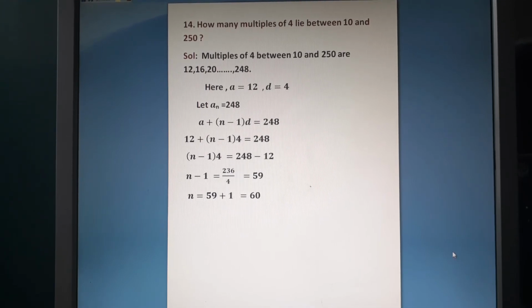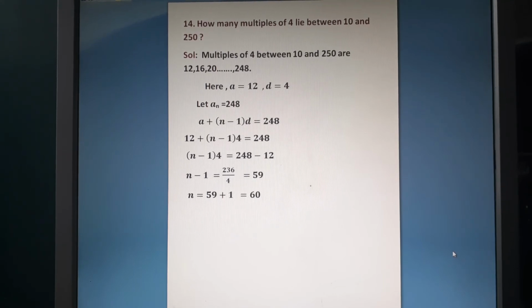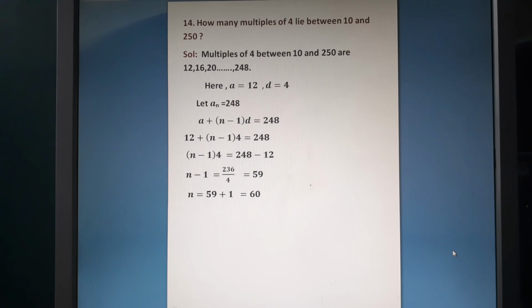N minus 1 into 4 is equal to 248 minus 12. Now n minus 1 is equal to 236 divided by 4, that is equal to 59. N is equal to 59 plus 1, that is equal to 60. Therefore, there are 60 multiples of 4 between 10 and 250.